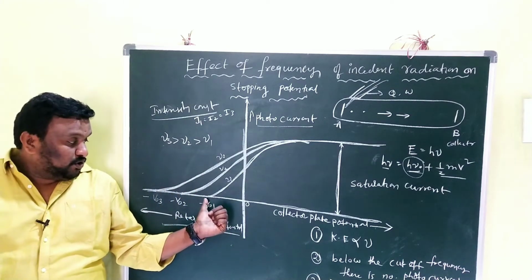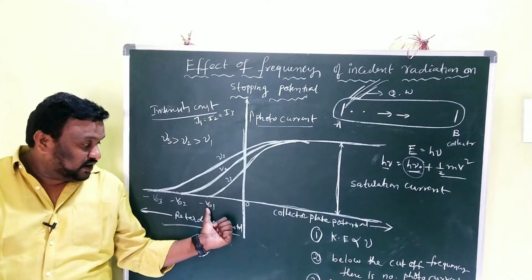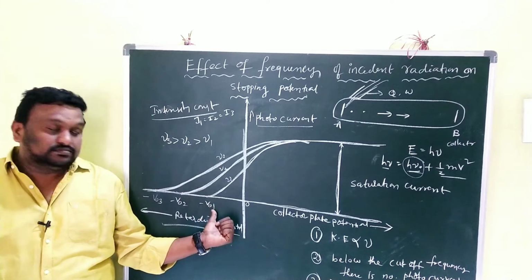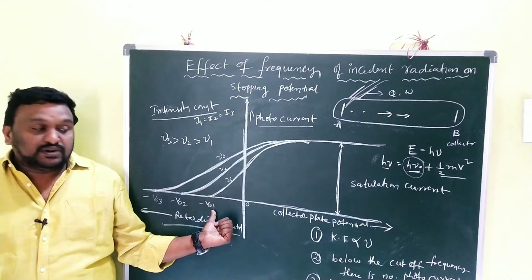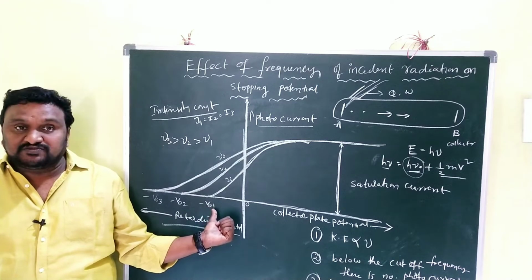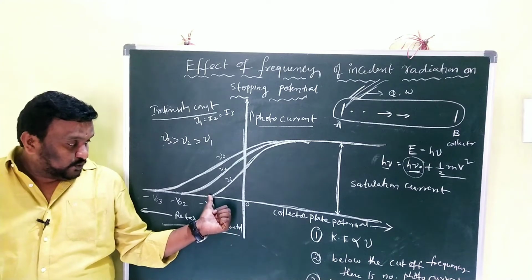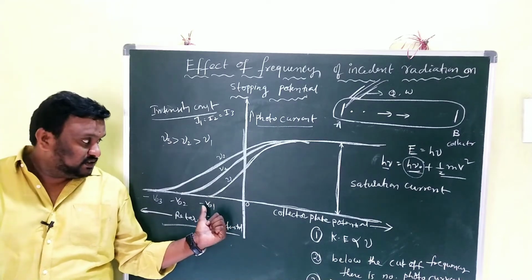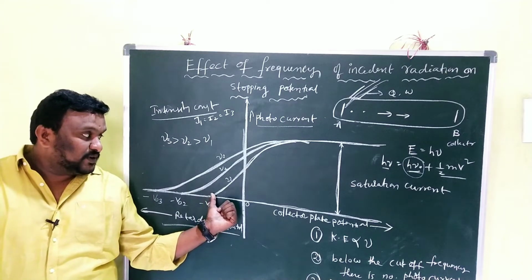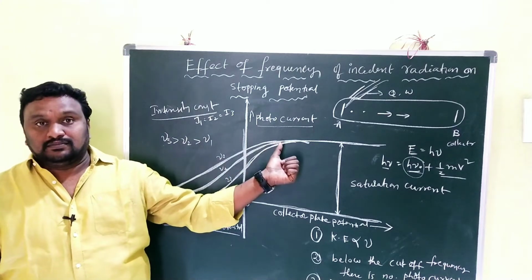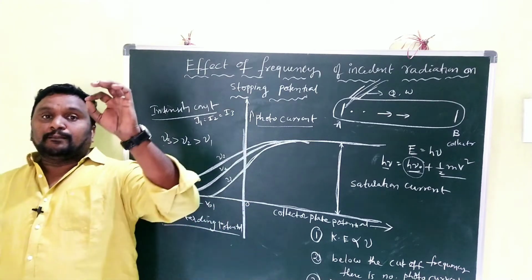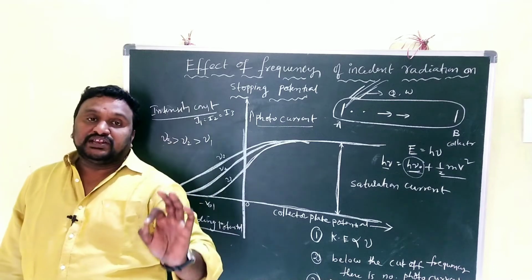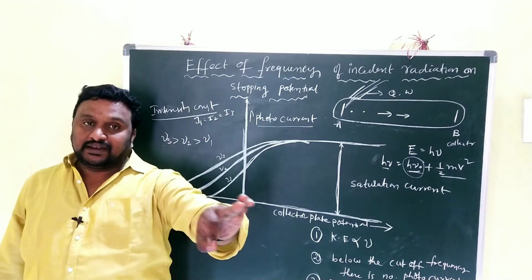Clear? When we go for nu naught, this is V naught 1. V naught 1 means the stopping potential for the first frequency nu 1. When we come to this downward stage, there is no current, so we are not showing it. That means above this value only there is some current; below the cutoff potential there is no photoelectric current.